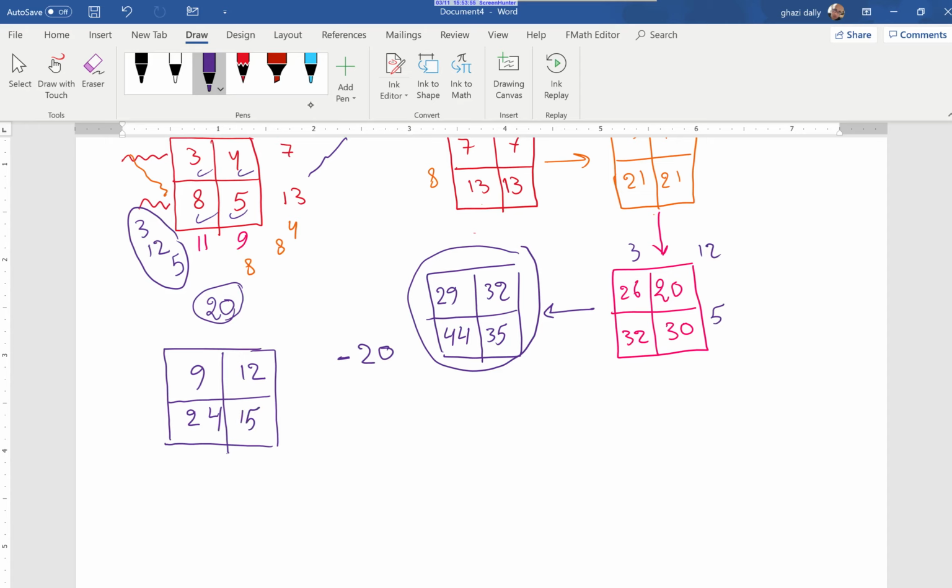And then if we divide by 3, we get again the initial background reading. That is 12 divided by 3, 4, 9 divided by 3, 3, 24 divided by 3, 8, and 15 divided by 3, 5.